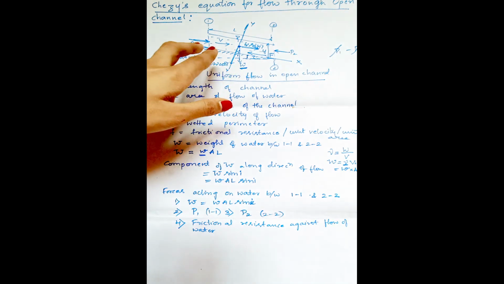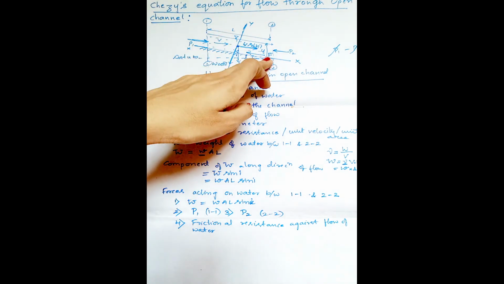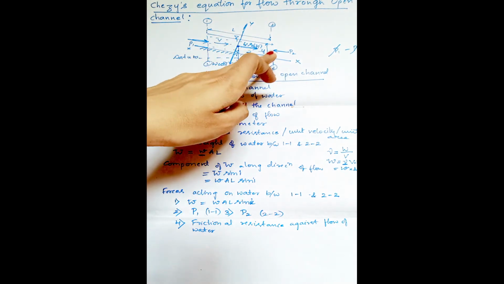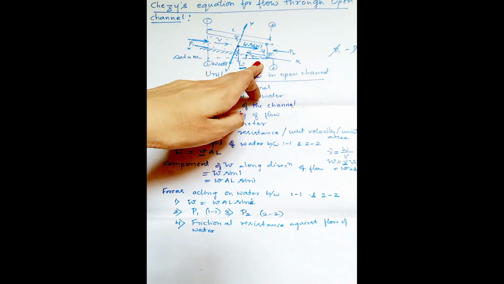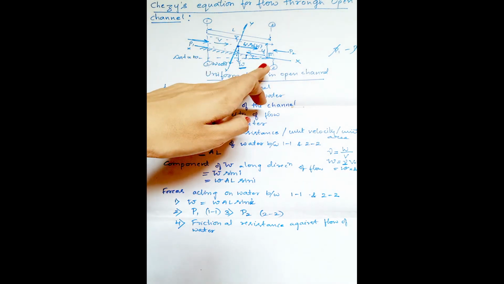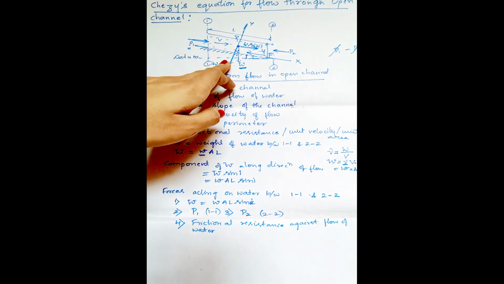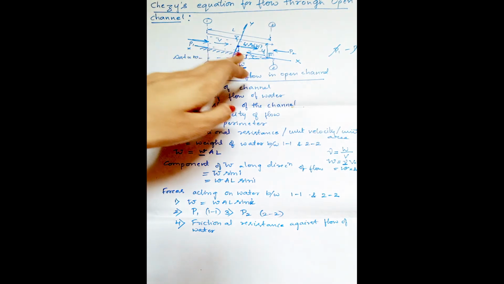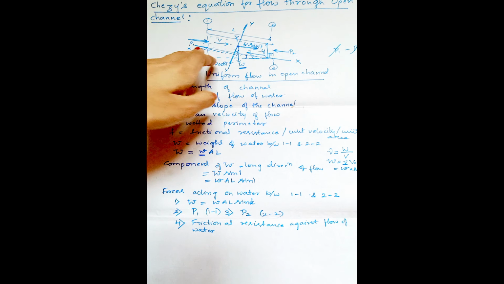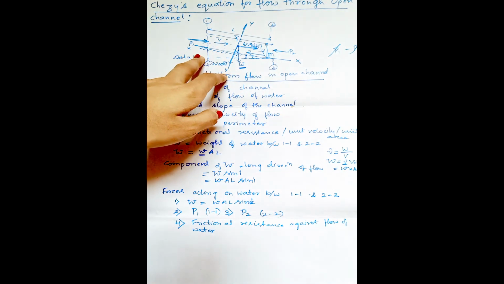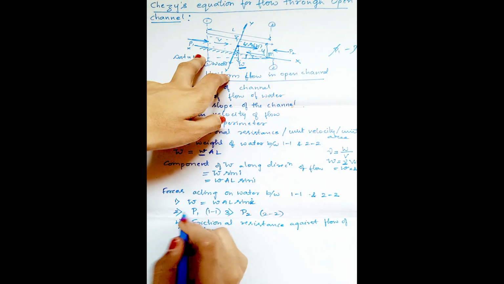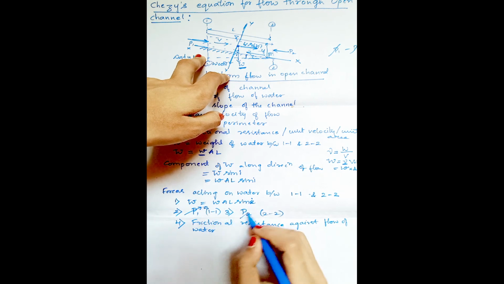So from the definition of uniform flow, the depth remains the same at section 1 and section 2, so the pressure forces on these 2 sections are the same but acting in the opposite direction. That's why they cancel each other. So P1 will become 0, P2 will become 0.